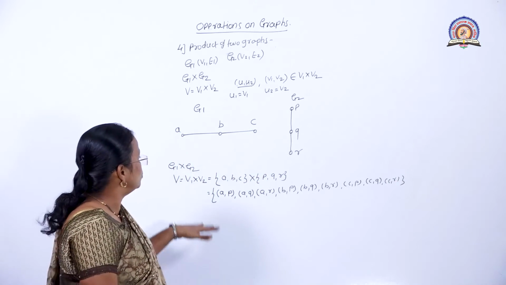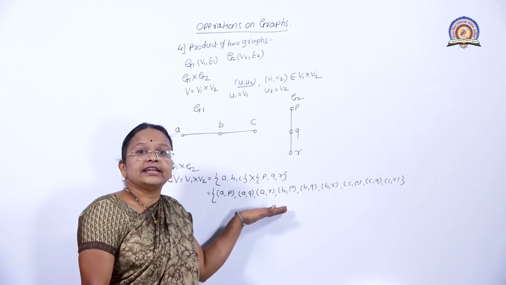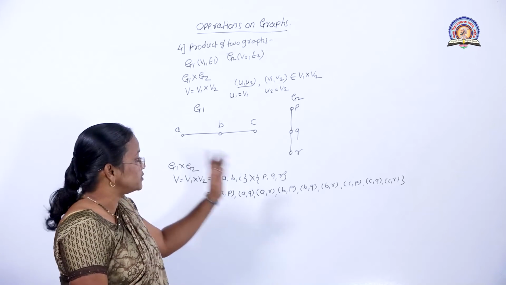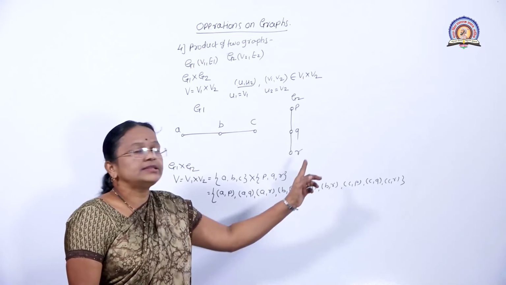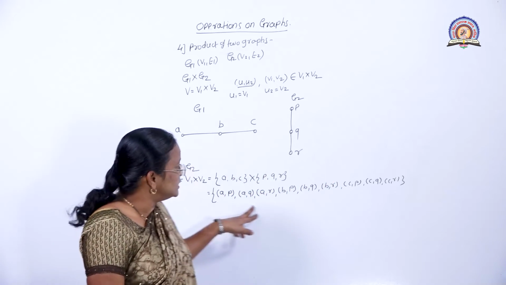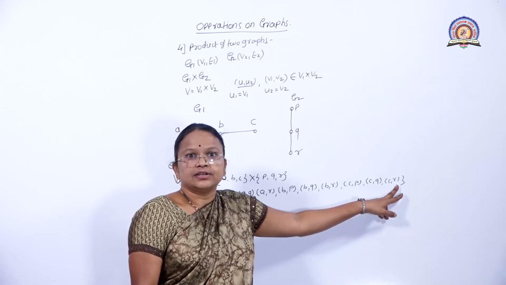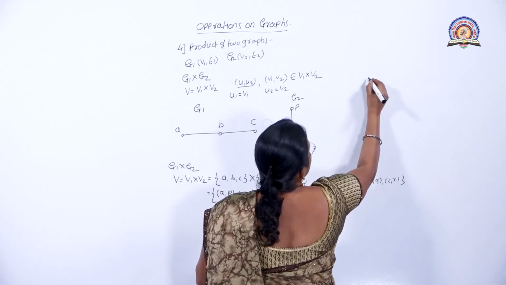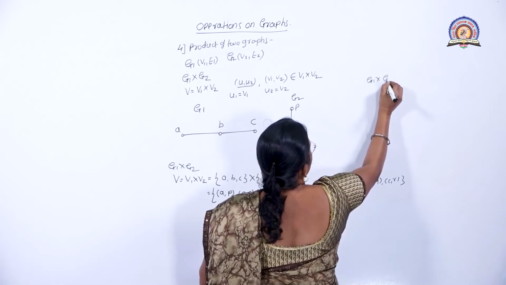Now this is the vertex set V for the product of two graphs. 3 into 3 means there are 9 vertices, so we have to draw 9 vertices.